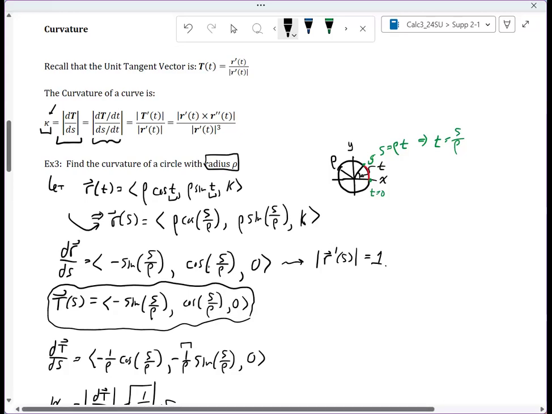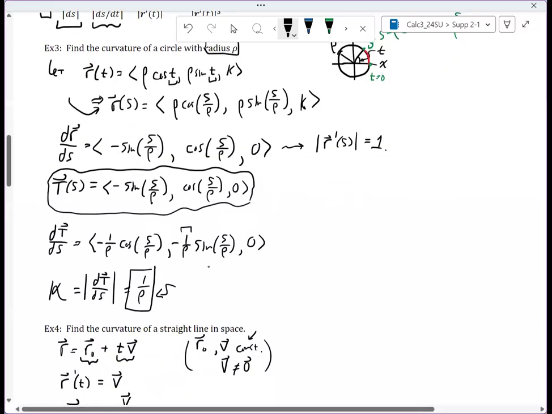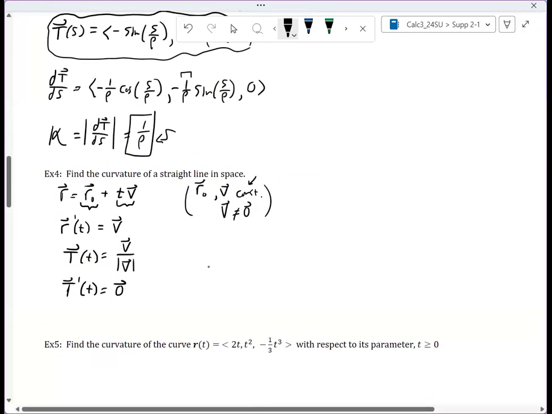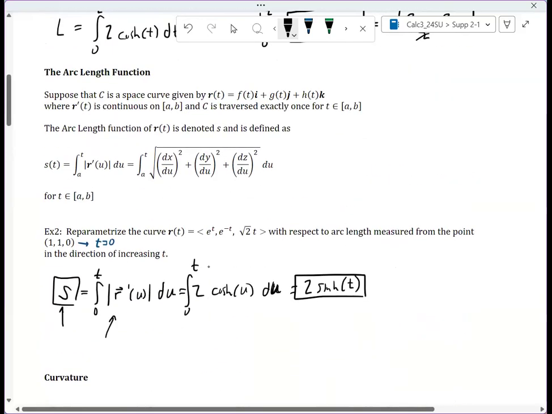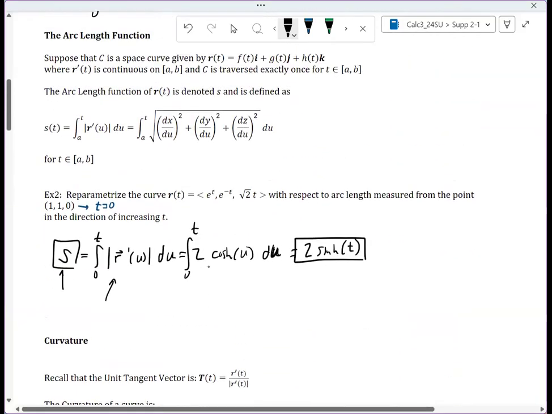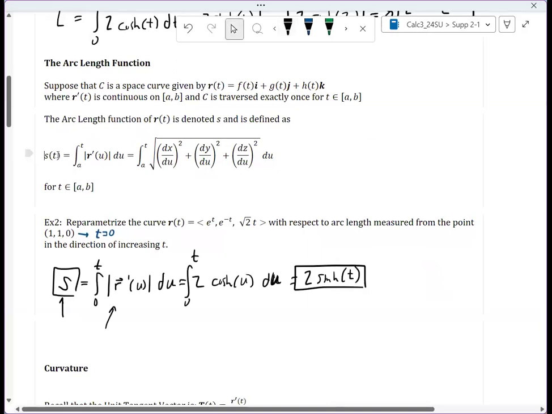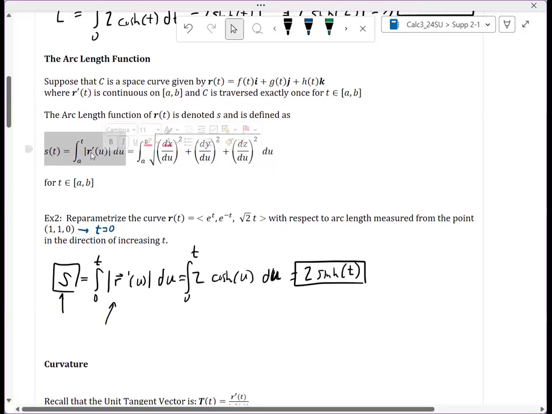T prime is the 0 vector, but I suppose it could be the case that ds dt is 0 as well, and I get some kind of indeterminate form. Let's just check ds dt. So what is ds dt? Well, remember up above, if s is the integral from a to t of length r prime, ds dt is just length r prime.